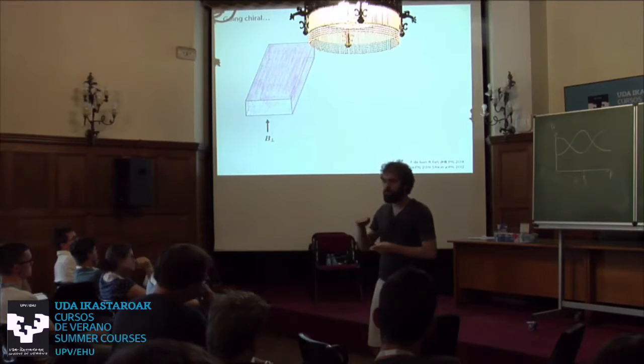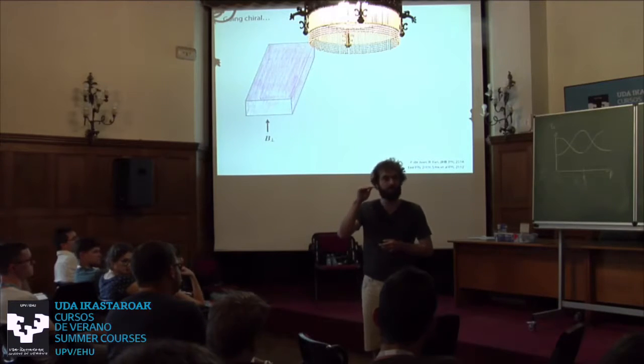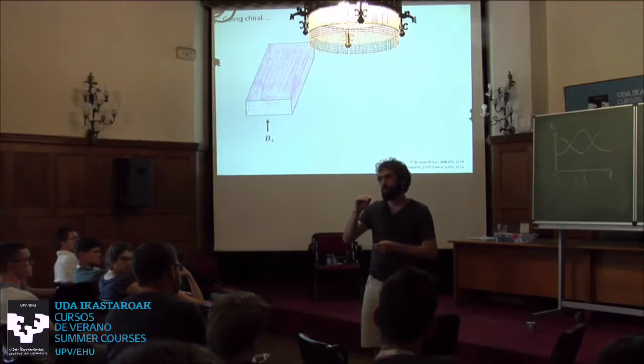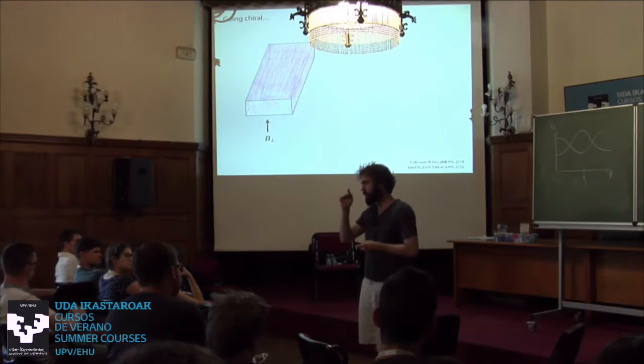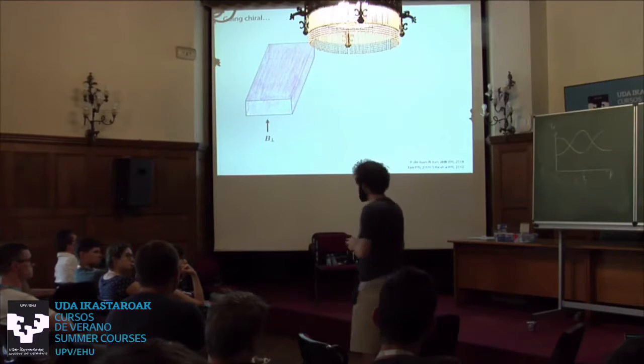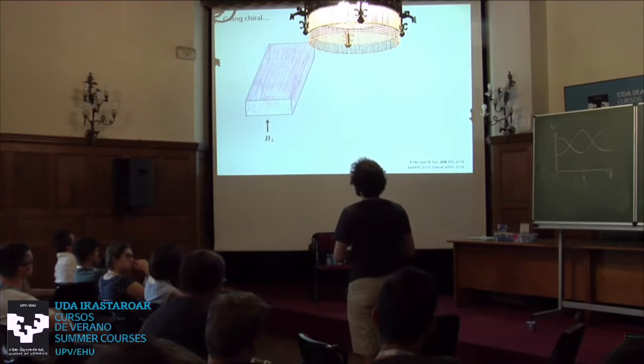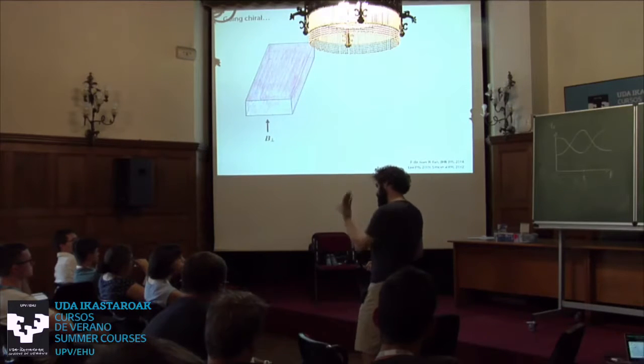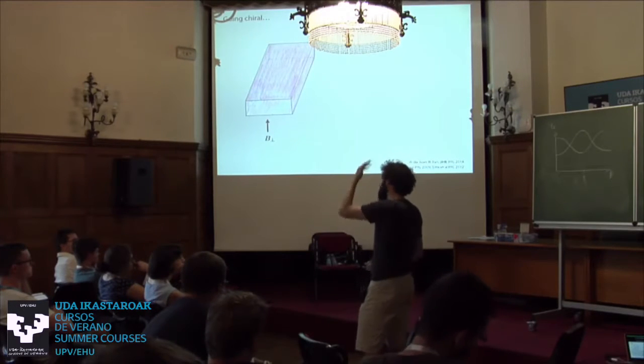However, from the point of view of the Dirac fermion that lives on that surface, it looks like the magnetic field has the opposite sign. So if I'm a Dirac fermion walking here on the top surface, I see the field coming through my head.